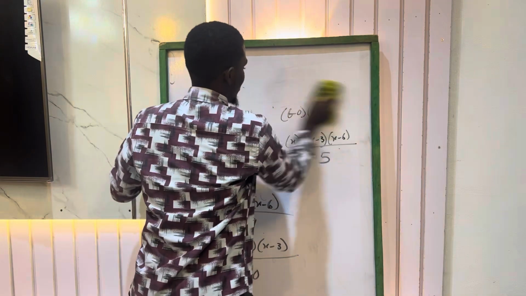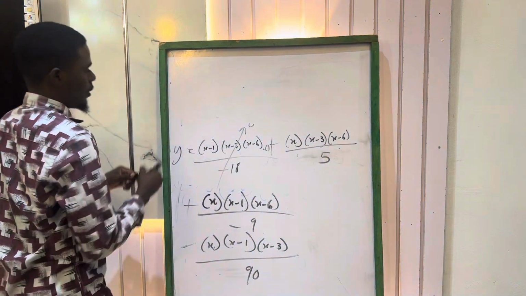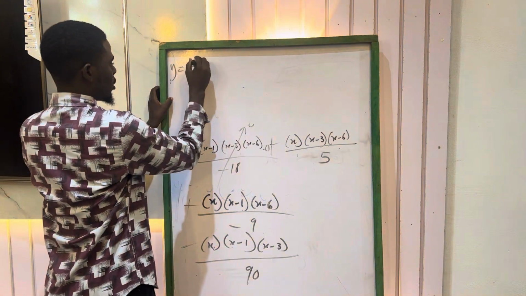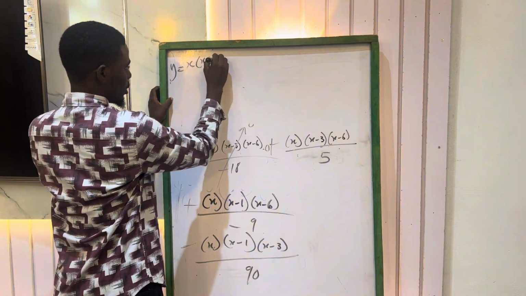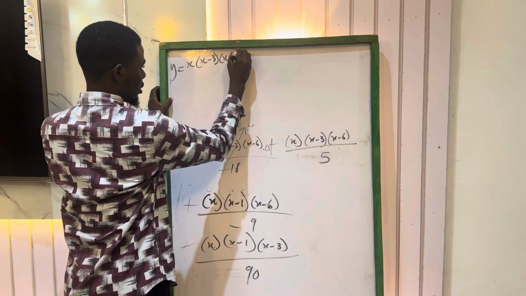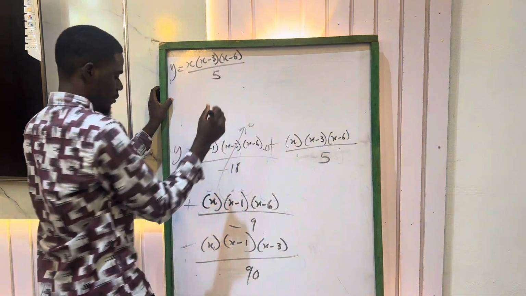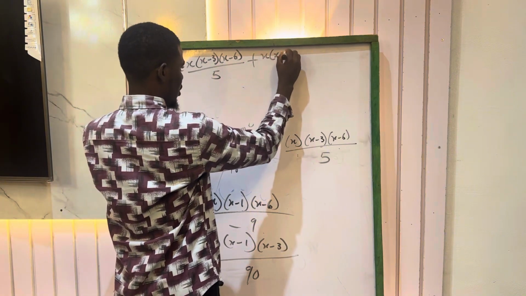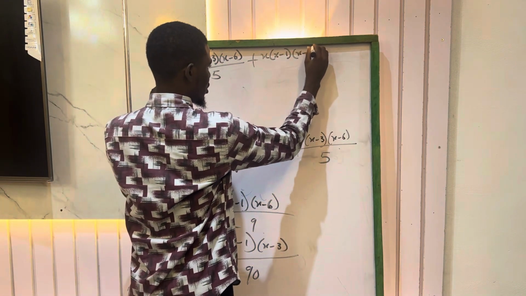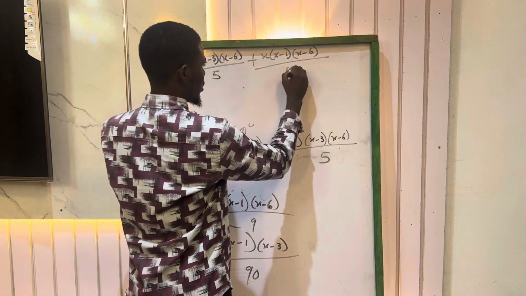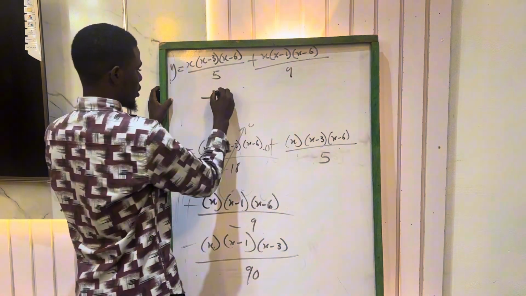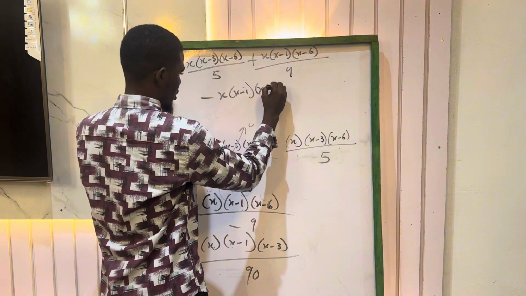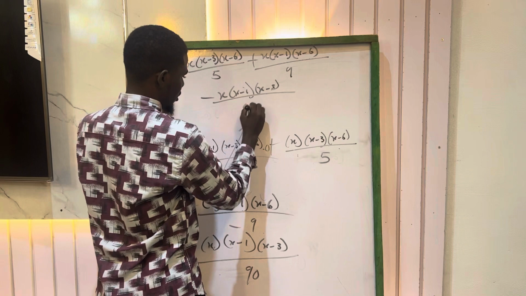So omitting that first term, the final answer is going to be y equals x into bracket x minus 3, x minus 6 over 5, then plus x into bracket x minus 1, x minus 6 over 9, then all this minus x into bracket x minus 1, x minus 3 over 90.